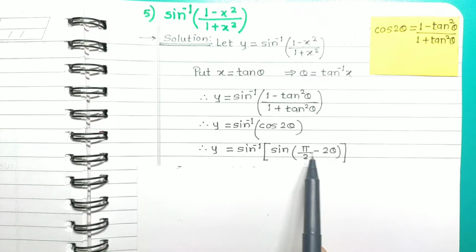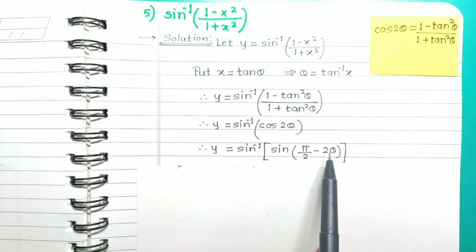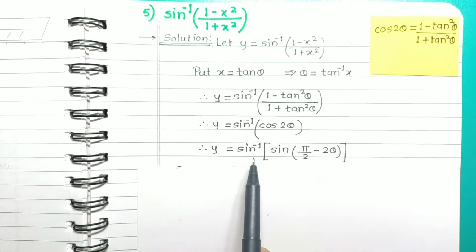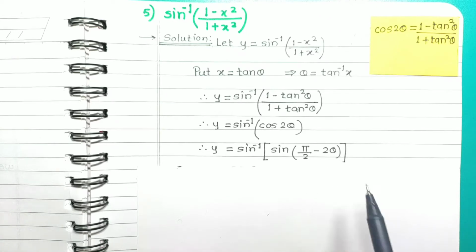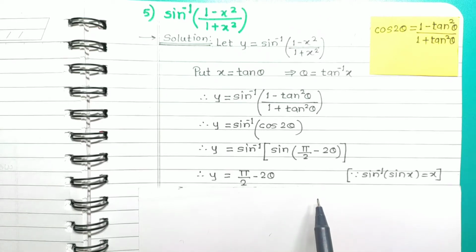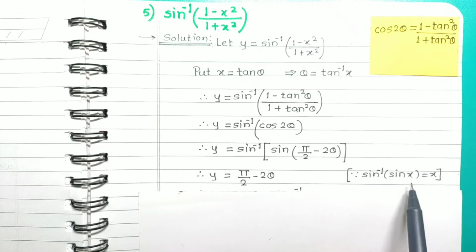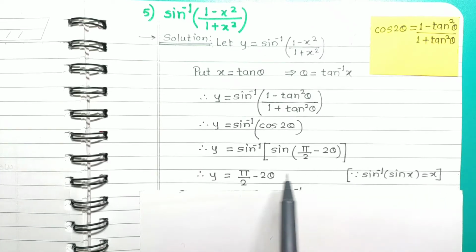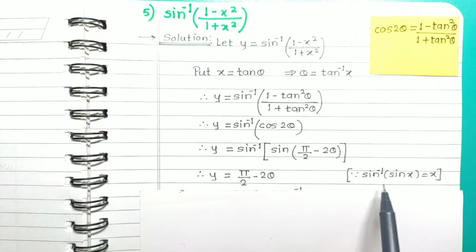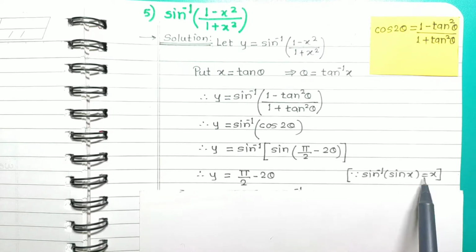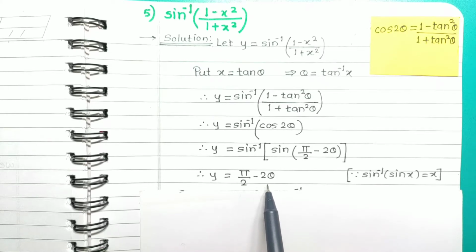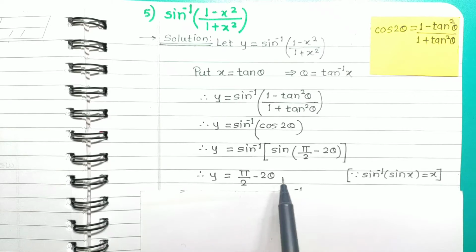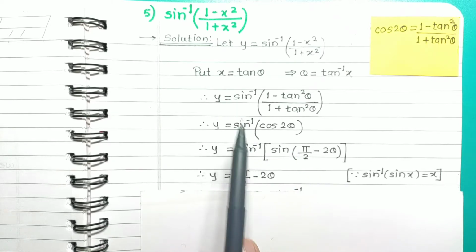So we have sine inverse of sine of (pi by 2 minus 2 theta). Again we use the property sine inverse of sine x is equal to x, which is very familiar to us. Using this property, y is equal to pi by 2 minus 2 theta, and at this step we have completed the work with theta.